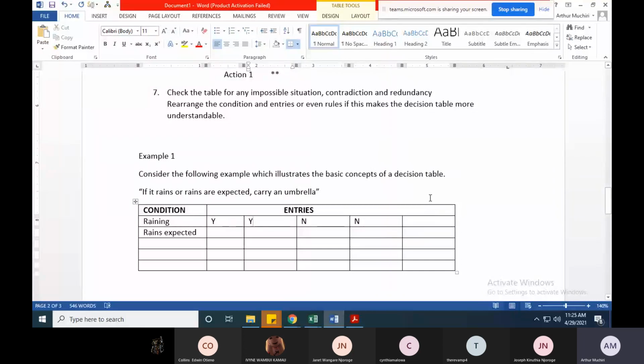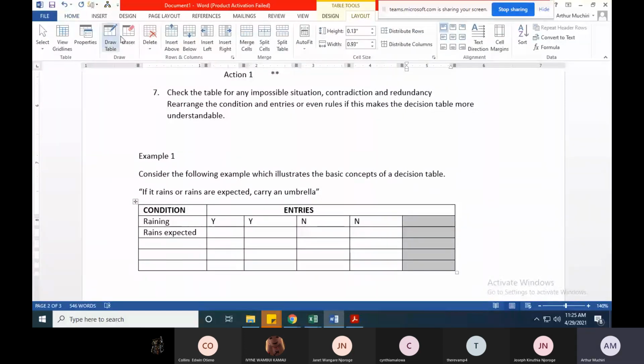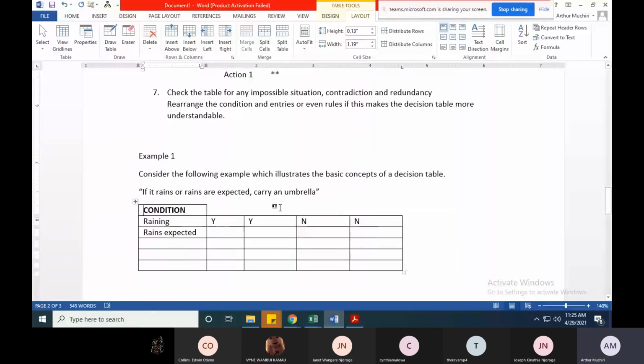So here we don't need this one. I don't know how we're going to get rid of it. Go to delete column. Yeah, so this one is also gone.